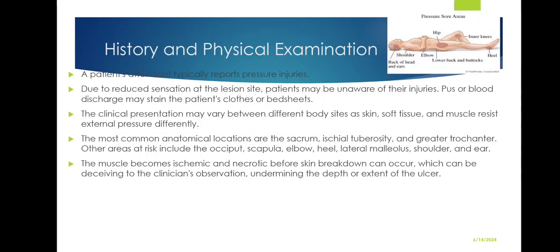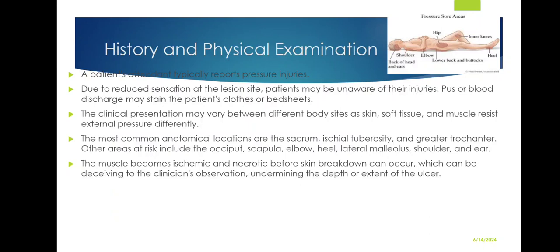On history and physical examination, a patient's attendant typically reports pressure injuries. The diagram that you can see on the top shows the common pressure areas. Due to reduced sensation at the lesion site, patients may often be unaware of their injuries. Pus or blood discharge may stain the patient's clothes or bandage, and that's how it may be noticed. The clinical presentation may vary between different sites as skin, soft tissue, and muscle resist external pressures differently.